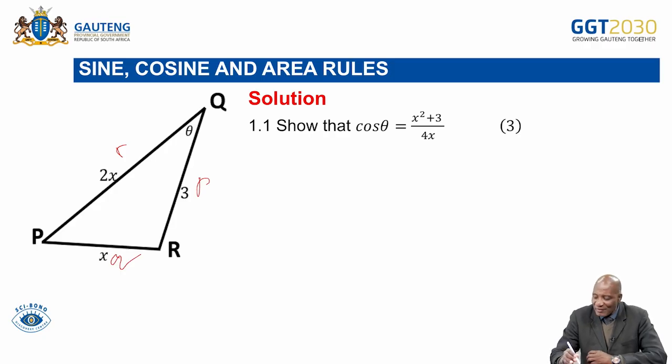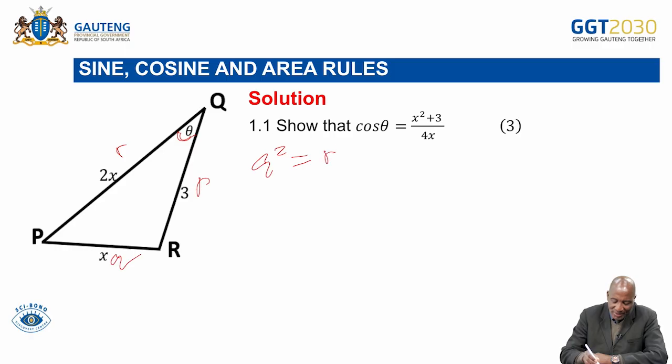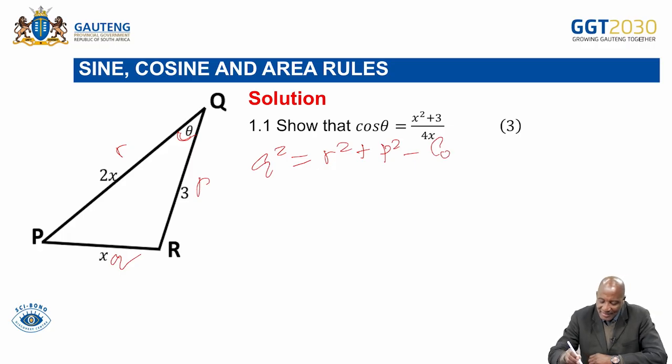I can come up with a formula therefore and say the side that is having the angle is this one here, small q. So I'm going to have a formula: q squared equals r squared plus p squared minus twice the product of r and p, cos of our angle at q.